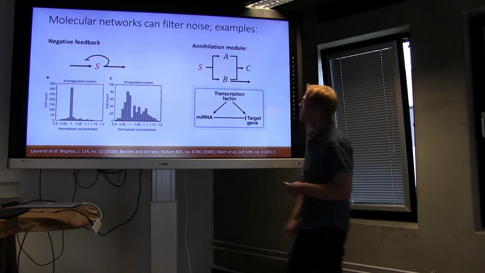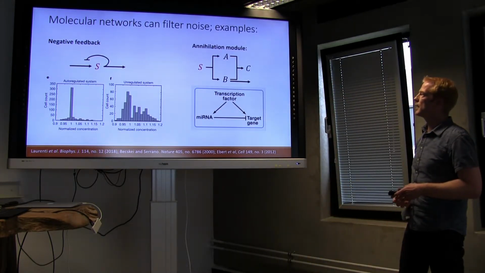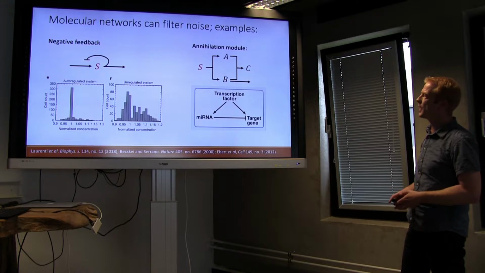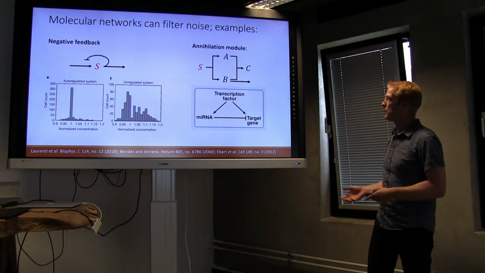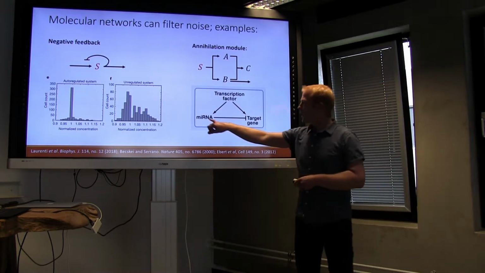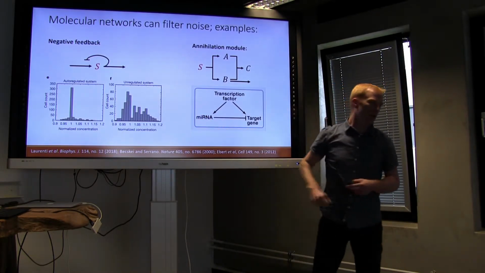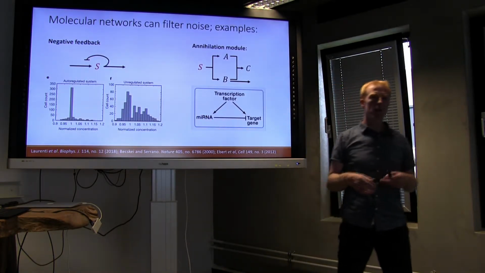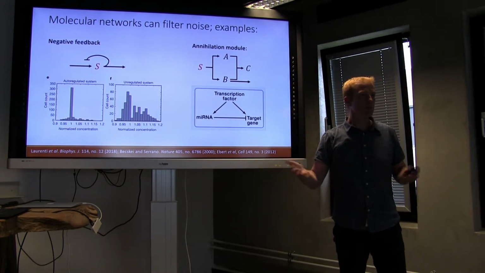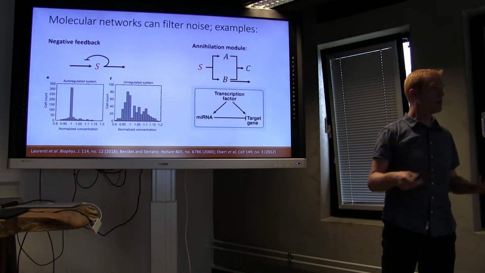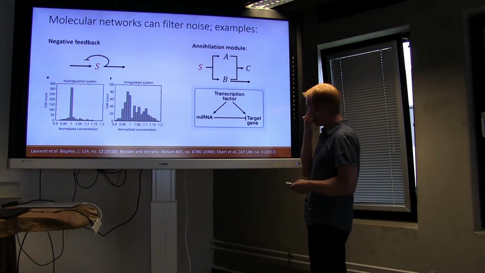But this actually also works, and it has been suggested at least that it's working in some mammalian systems, some animal systems, where microRNAs might do exactly this. So microRNAs are small pieces of RNA that are being produced not to produce protein, but to do something other than that, usually regulation of other proteins.